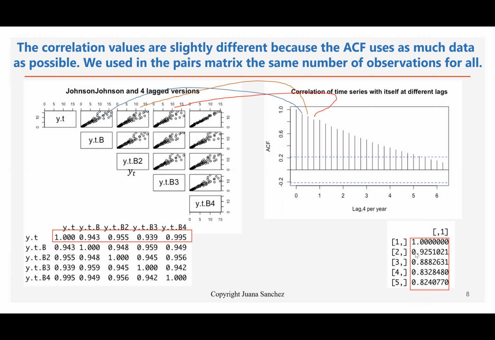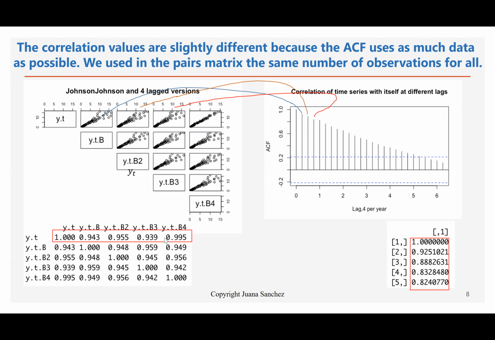And for the others, notice that the correlation of YT minus 1 in the ACF is 0.925, which is a little different from the correlation between YT and YT minus 1 in the correlation matrix. And why is that? The number that follows in the ACF between YT and YT minus 1 is 0.888, and it is 0.955 with the way we did it.